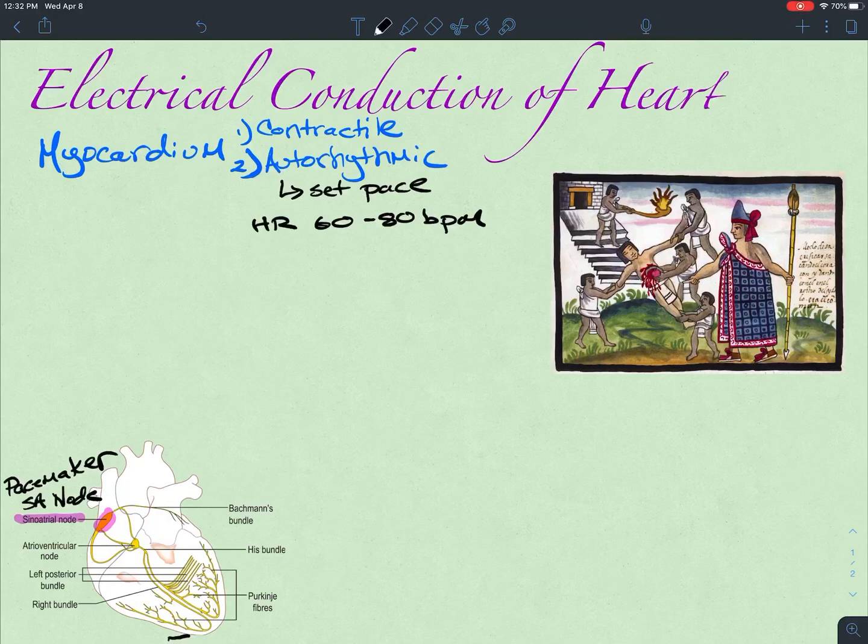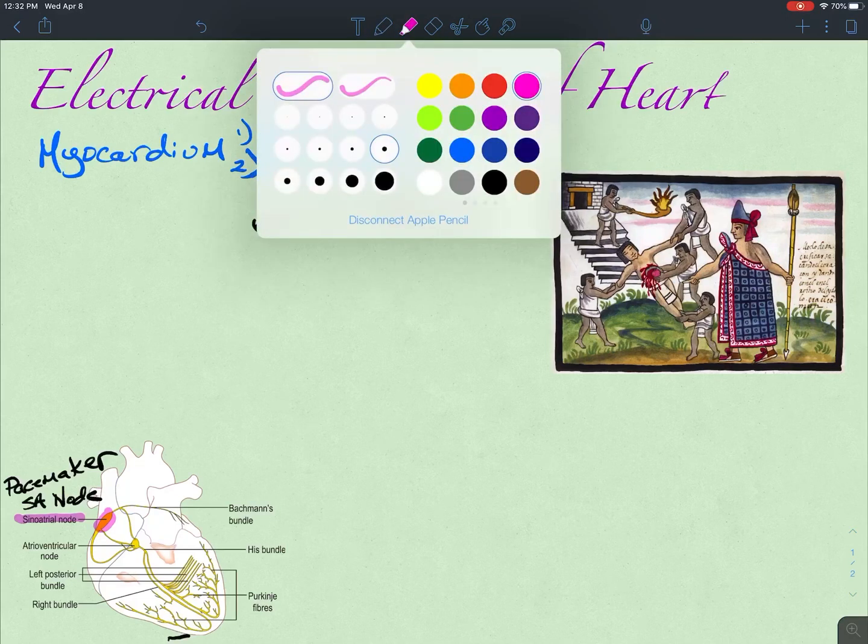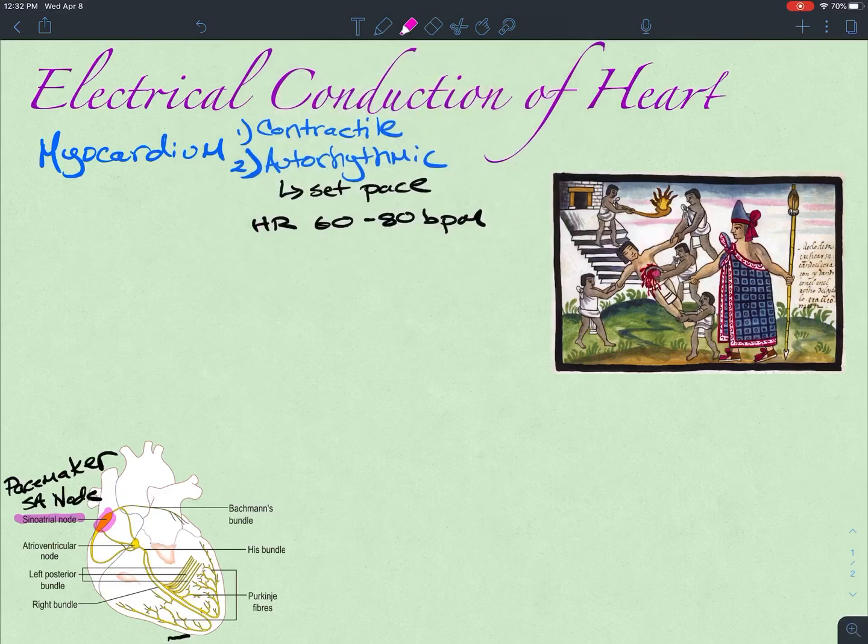And if the SA node is firing 60 to 80 times per minute, then the myocardium and the contractile cells will engage in their mechanical activity 60 to 80 times per minute. That electrical activity of the SA node is transferred to the AV node, which is at the floor of the right atrium. And in a subsequent video, we'll talk more about the AV node.